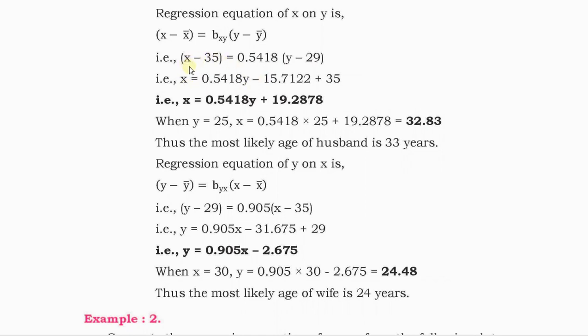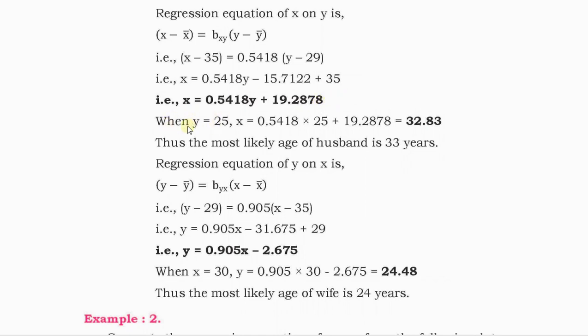So if you multiply 0.5418 with y and 29, that is, taking away the brackets and multiplying them, and bring the 35 to this side, x is equal to 0.5418 y minus 15.7122 plus 35, which finally gives you the result x is equal to 0.5418 y plus 19.2878.